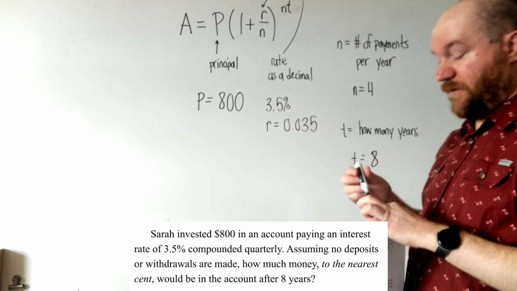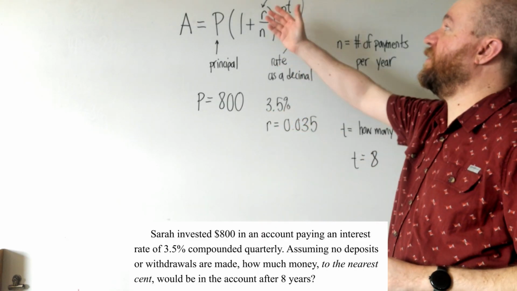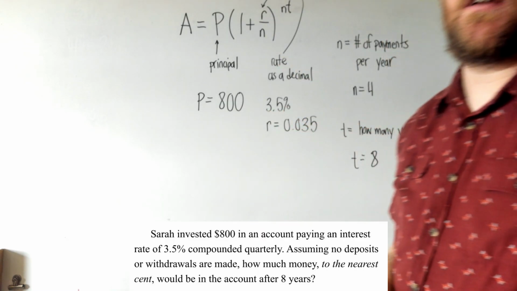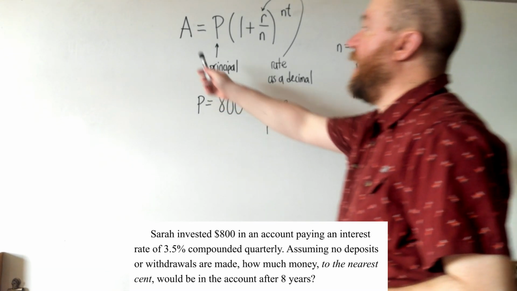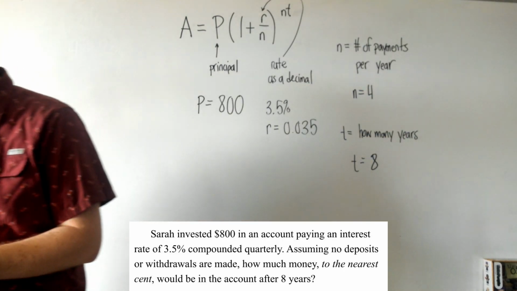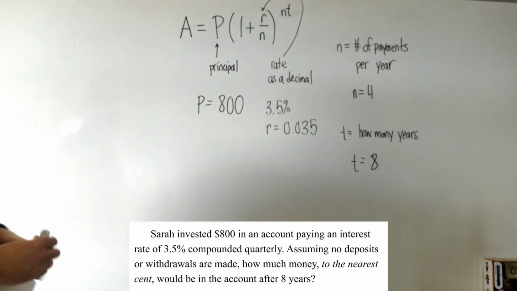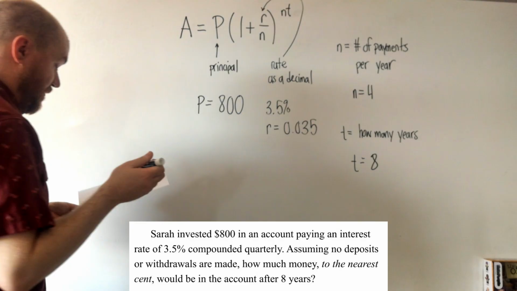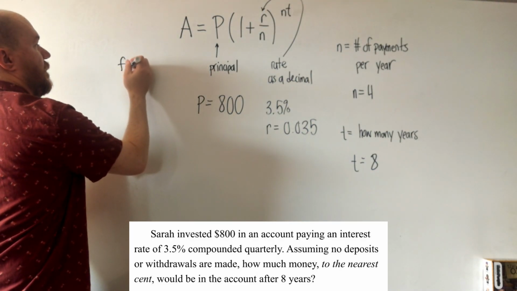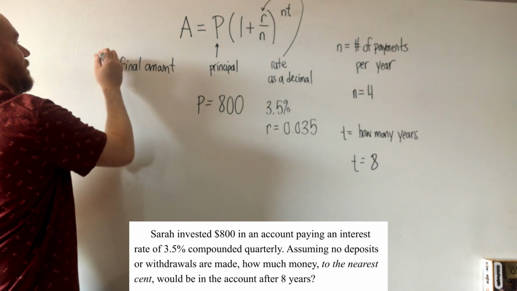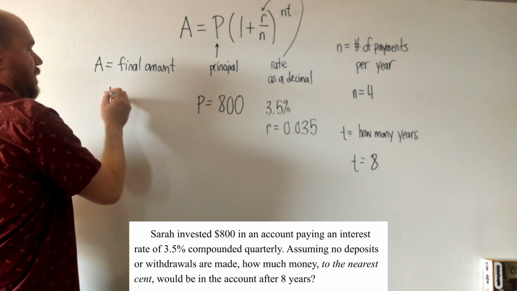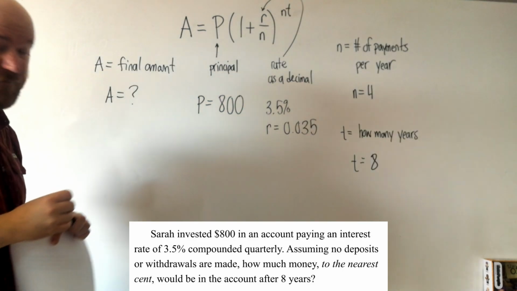So we have all the information we need to use this formula. And luckily, in this question, the formula is set up to solve for A. This question's asking for how much money is in the account after 8 years. So A is the final amount. In this case, we don't know A, so we're looking for A.